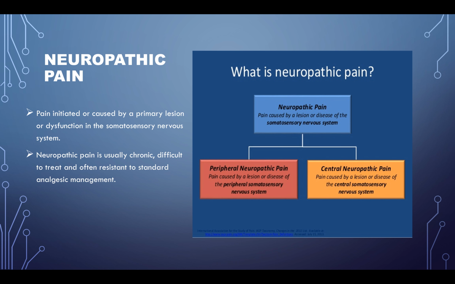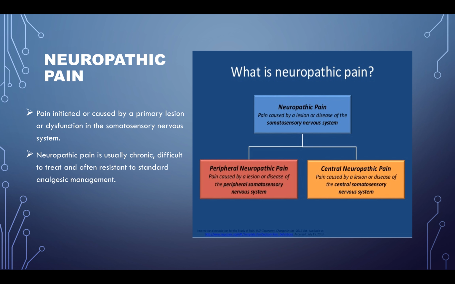So neuropathic pain, I won't talk too much about it because we've spoken about it in other lectures. But again, since repetition is the language of the brain, we'll go over it very briefly. It's pain initiated or caused by a primary lesion or dysfunction in the somatosensory nervous system. It's usually chronic, pretty difficult to treat, and often resistant to medications.